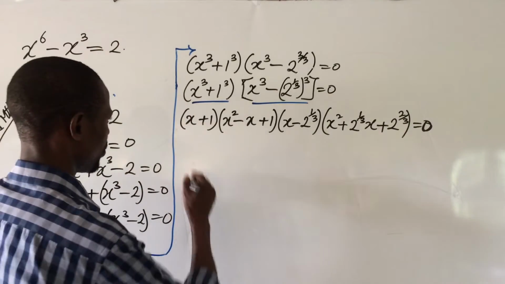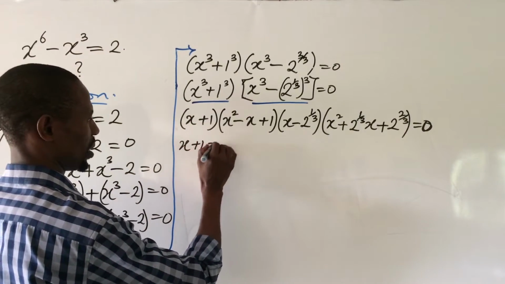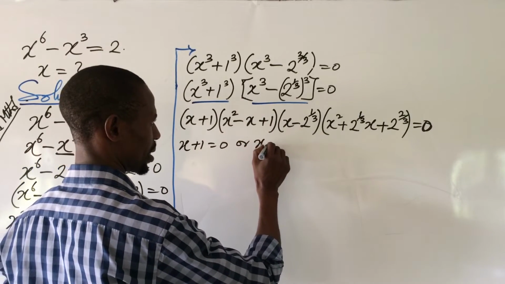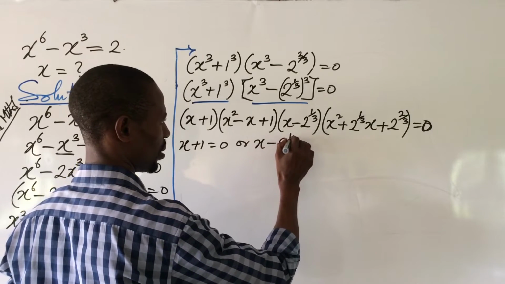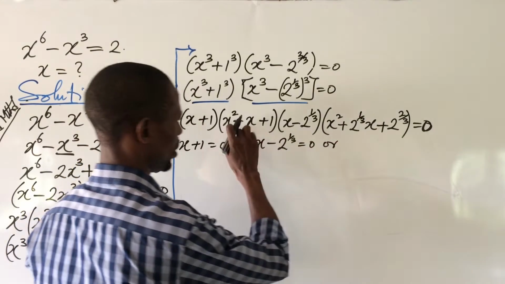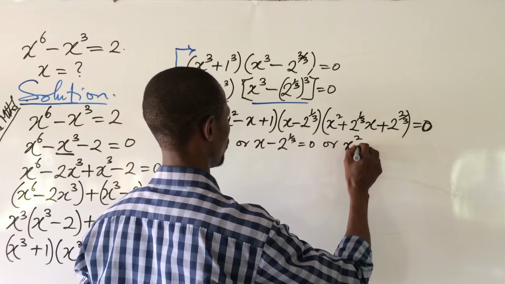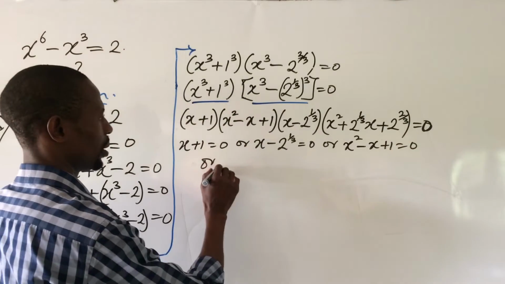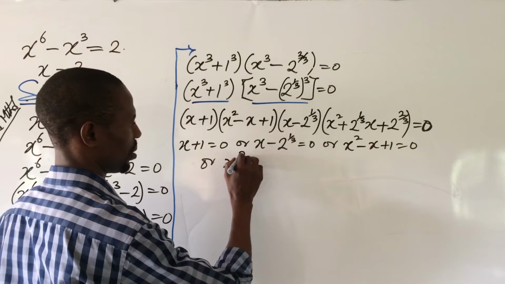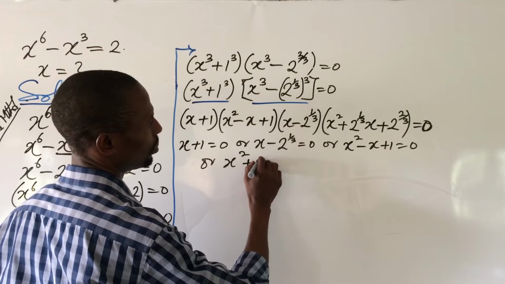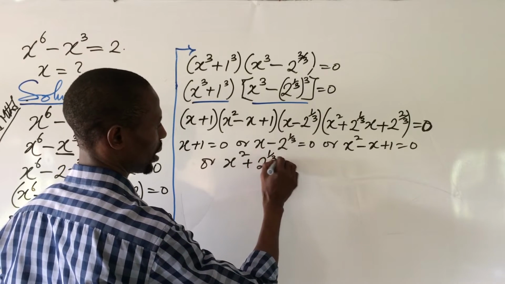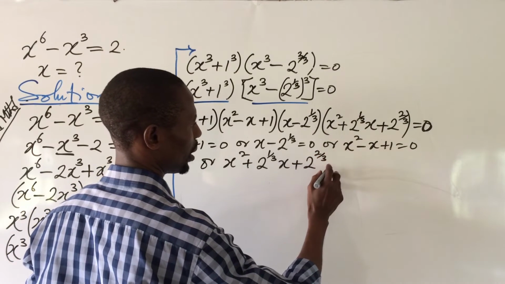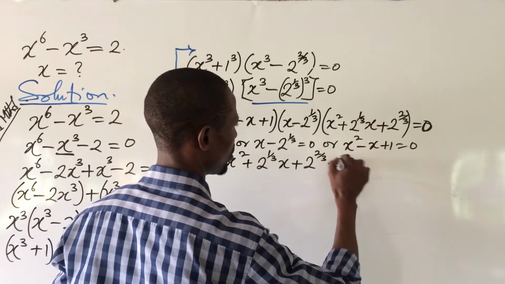If we do that, we're going to have x plus 1 equal to 0, or x minus 2 to the power of 1 all over 3 equal to 0, or x to the power of 2 minus x plus 1 equal to 0, or then we have the last one, x to the power of 2 plus 2 to the power of 1 all over 3 x plus 2 to the power of 2 all over 3, equal to 0.